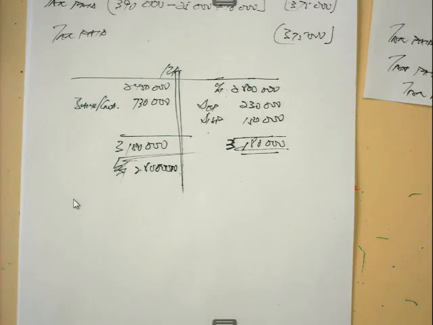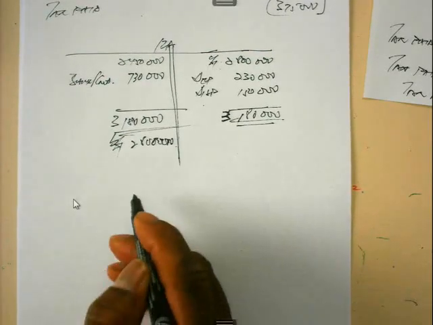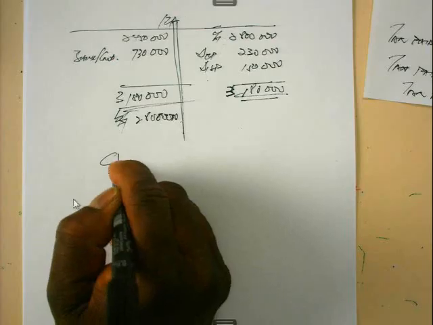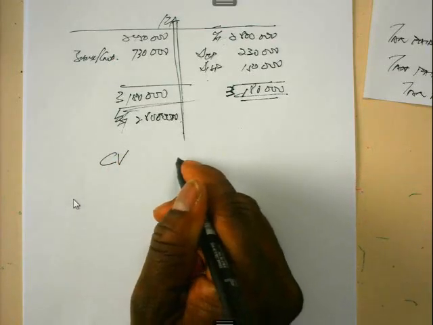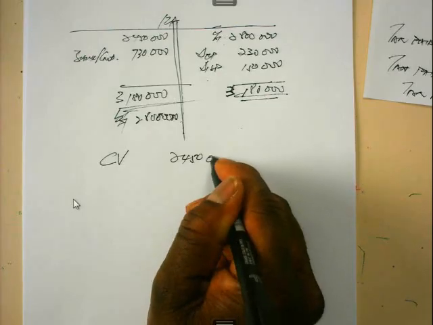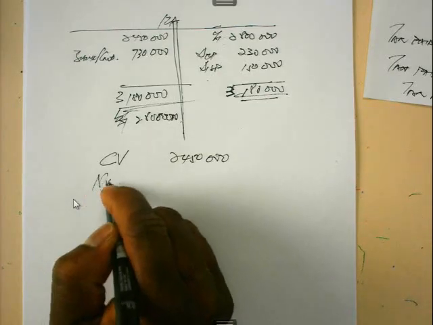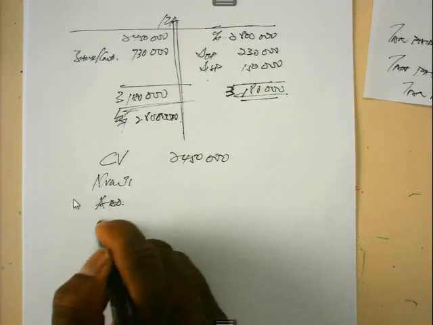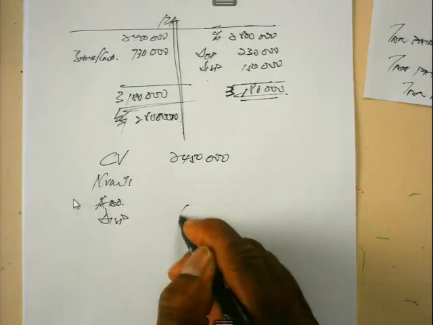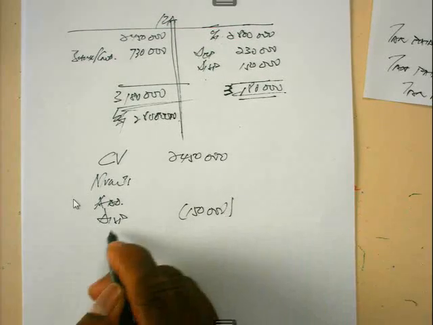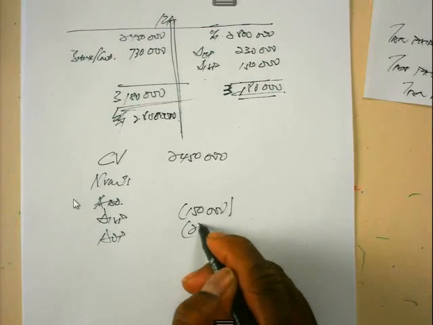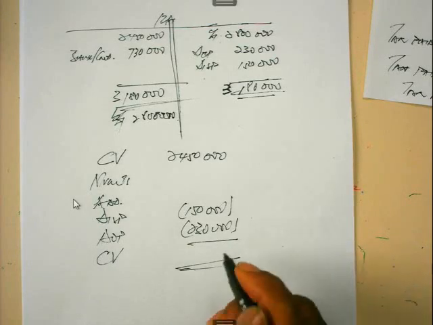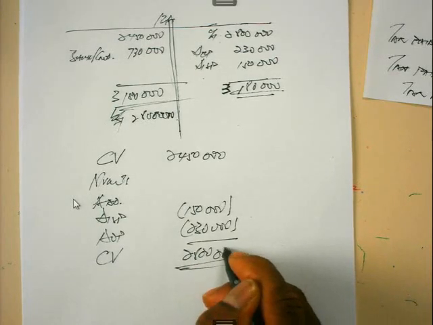Same answer. Or alternatively, you can approach it the fixed asset note way: what was the carrying value at the beginning of the year? It's 2,450,000. And the movements: additions at cost unknown, disposal known, 150,000. Depreciation is given, 230,000. Carrying value at the end of the year is also known, 2.8 million.